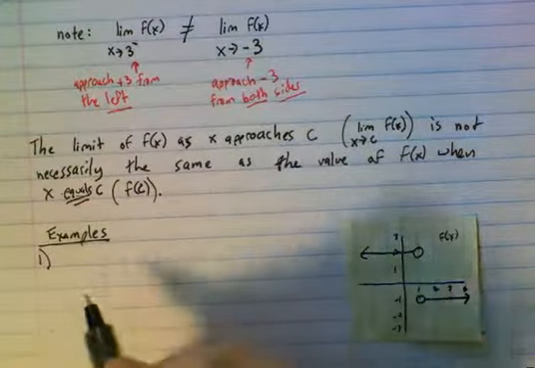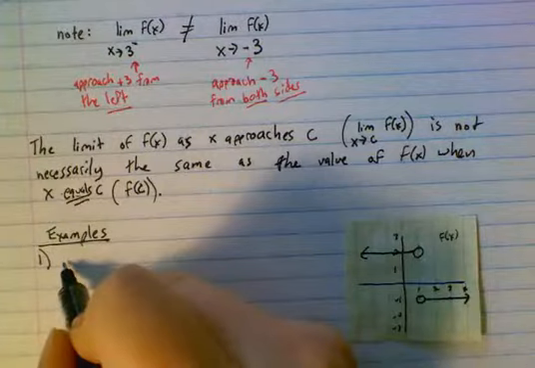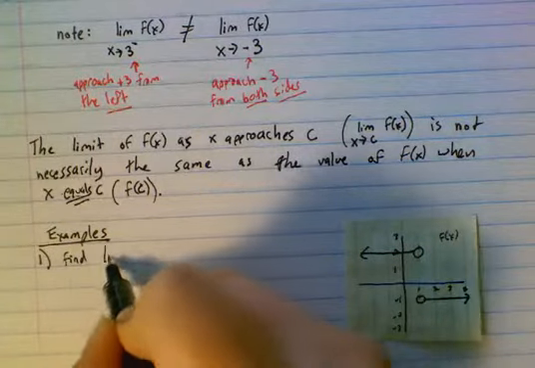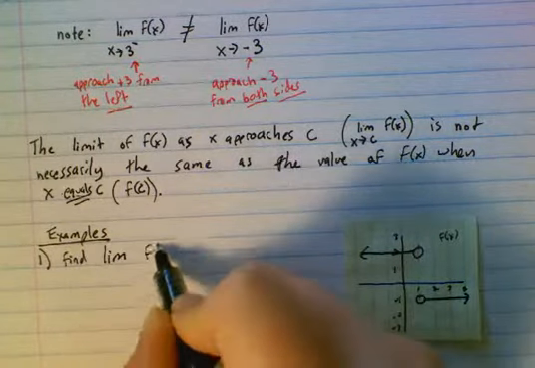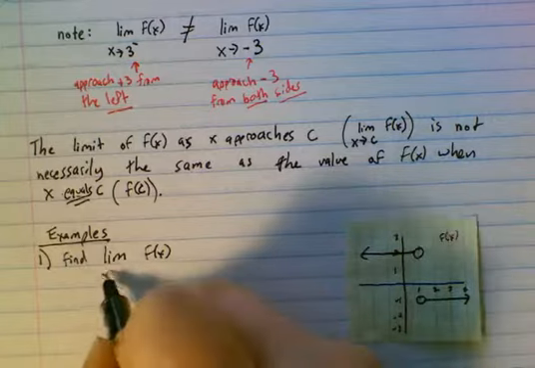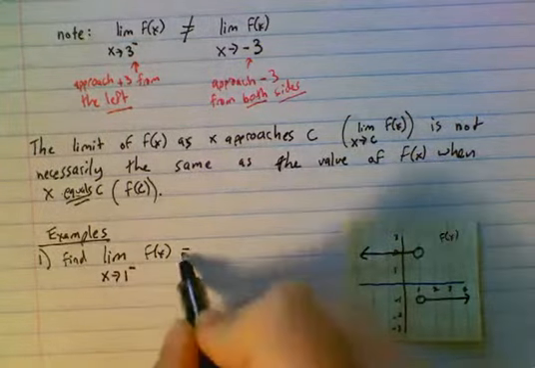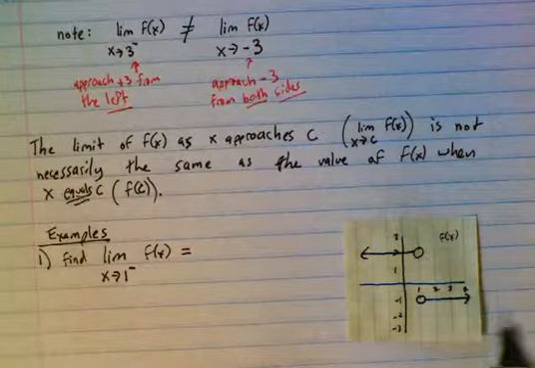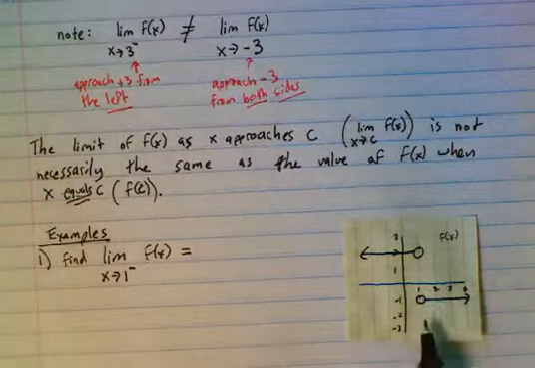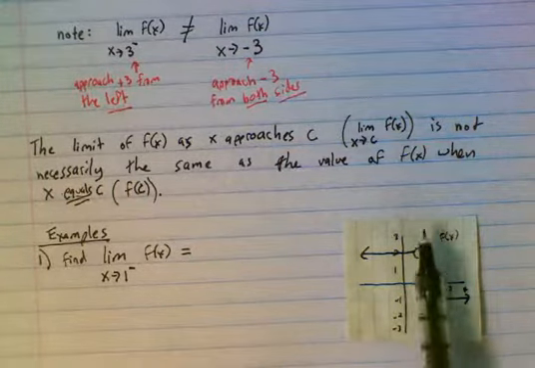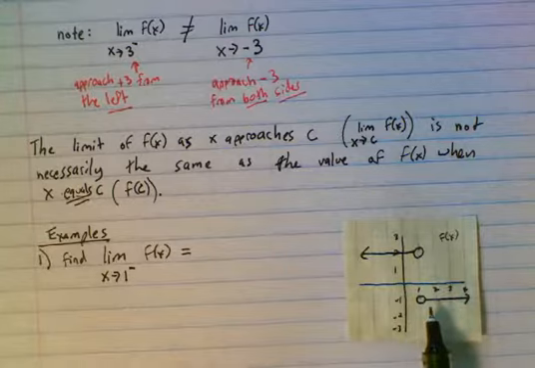And what I want to find is the limit of f of x as x approaches 1 from the left. So I'm going to look right here at 1 and notice that when x equals 1, there is no value for f of x.